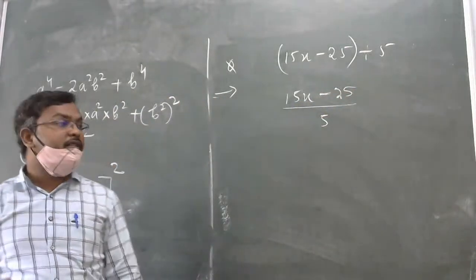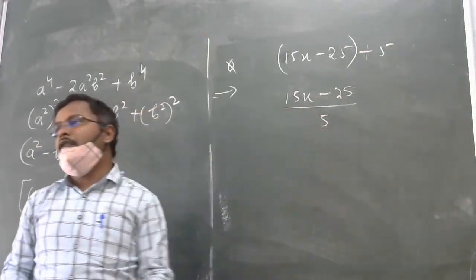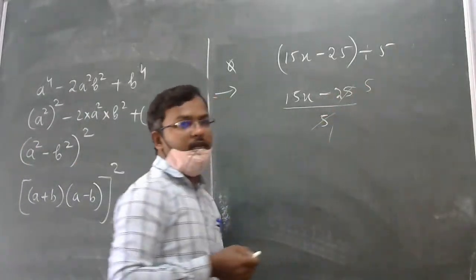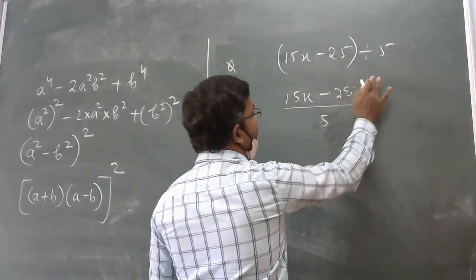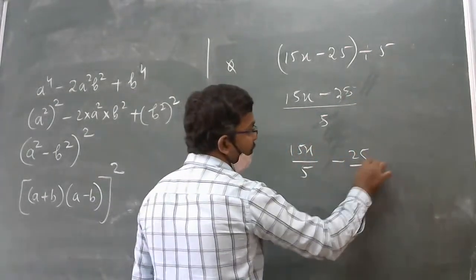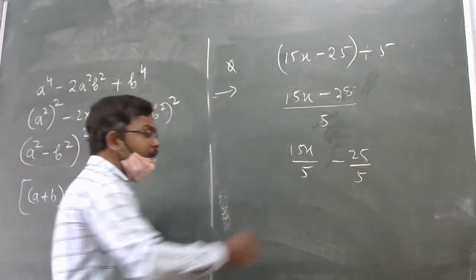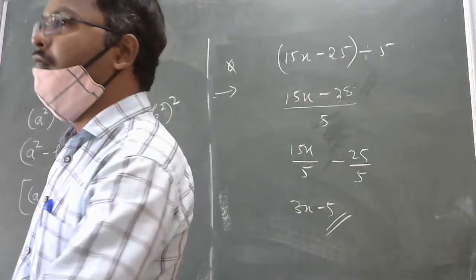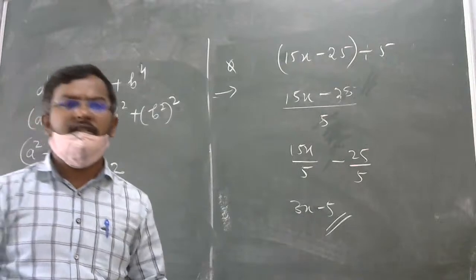Whenever you are having like this, 15x also you have to divide by 5 and 25 also you have to divide by 5. Some students have simplified like this, so it is wrong. It is whole divided by 5, so both we need to divide. This 15x by 5, here also minus 25 by 5, you have to divide it by 5. So how much will you get? 3x and 5. 3x minus 5.